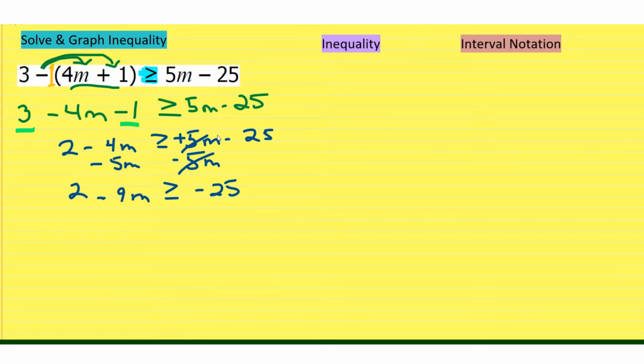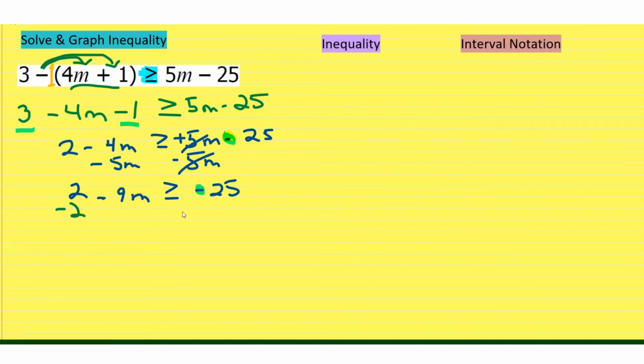Just don't forget to bring this sign down. This sign right here needs to always come down, so don't forget to bring it down. Okay, so now how can we move the 2 to the other side? Because this is a constant, this is a constant. We want to get them together on the same side. They are like terms. So I got a plus 2 here. I'm going to get rid of it or undo it by doing minus 2.